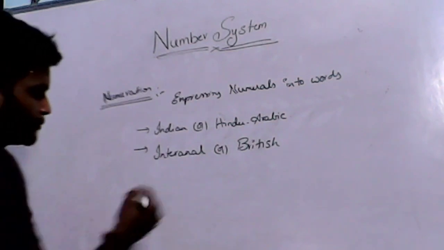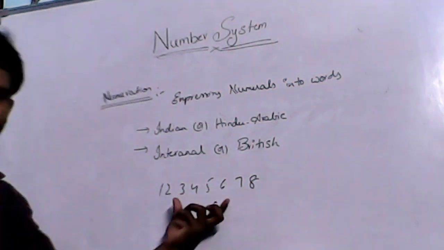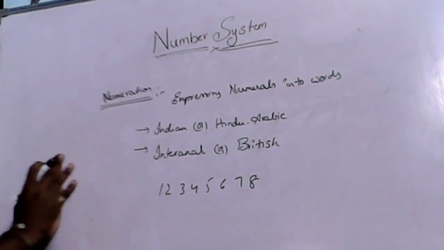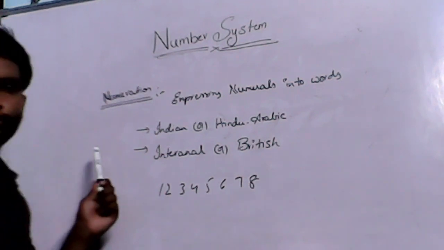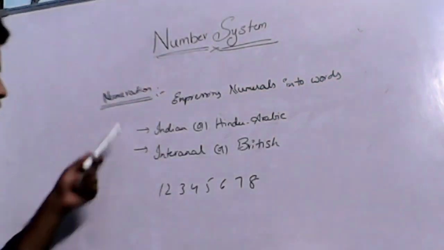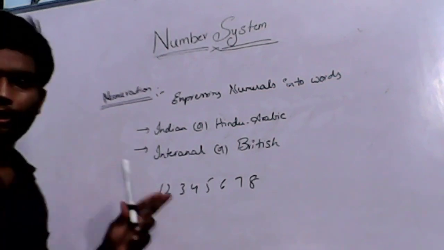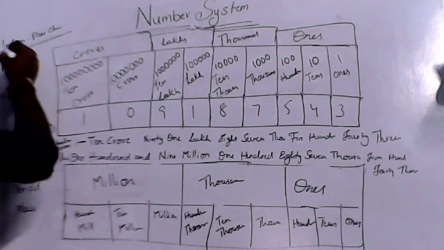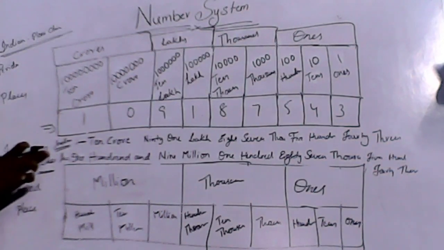Okay. So to express a number into words, we have a certain structure, that is nothing but the numeration chart or place value chart. Based on these two types, we have two types of numeration charts: the Indian place value chart and the international place value chart.